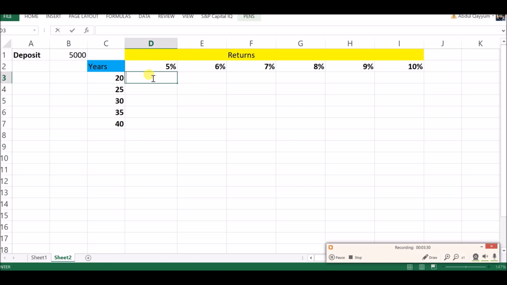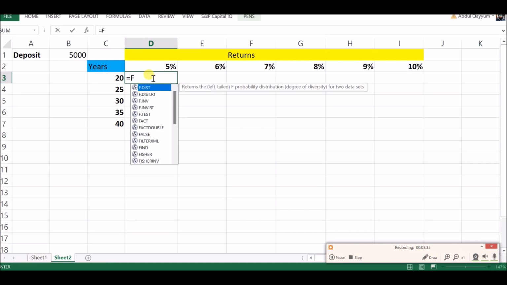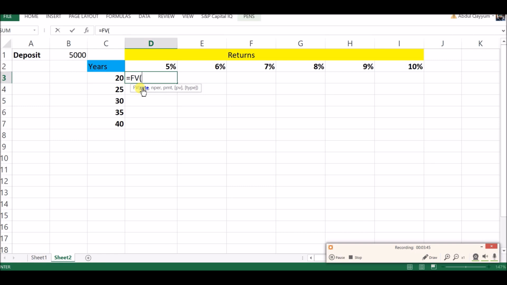Now we press the equal sign, and because it's a future value of an annuity, we put FV, a built-in formula which stands for future value. Click on it, and it will ask you for a rate. We will give it this 5% rate. You can either write 5% over here, or you can point to the specific cell where your interest rate is given.